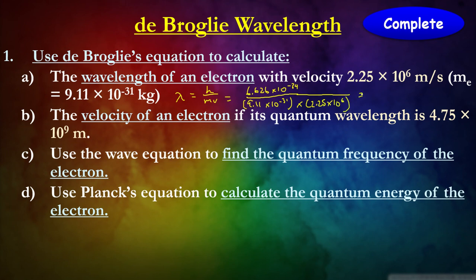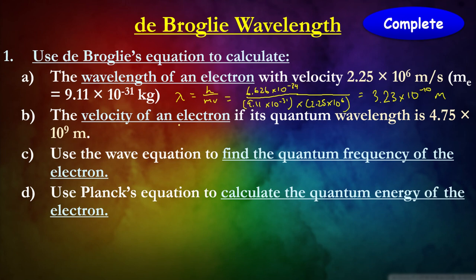That's the wavelength we're dealing with here. That gives us a wavelength of 3.23 times 10 to the power of minus 10 meters.